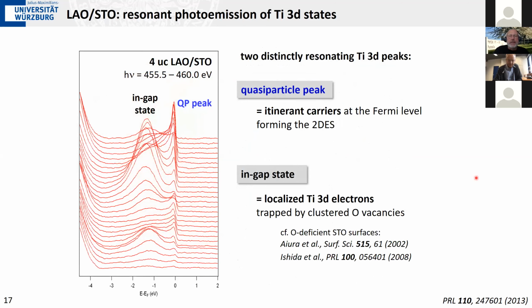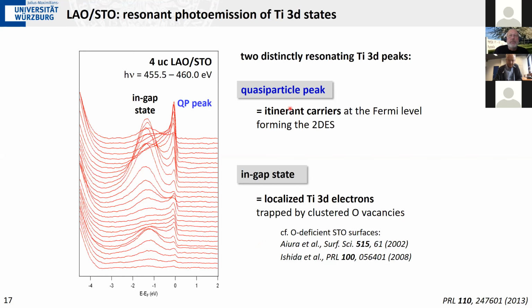But let me first identify these two peaks. The one at 1.4 electron volts, we interpret as due to localized titanium 3D electrons, which are trapped by oxygen vacancies. We will discuss the role of oxygen vacancies in LAO STO in the next section, but we know that there are some vacancies, and if you have one sitting close to the interface, it will trap some of the 3D electrons in neighboring titanium atoms, and that's why they have this relatively large binding energy.